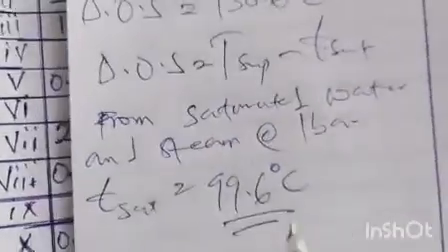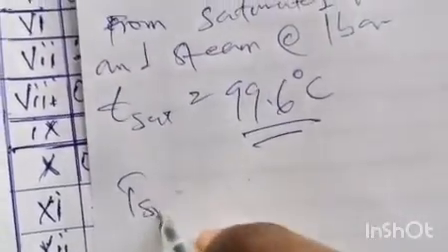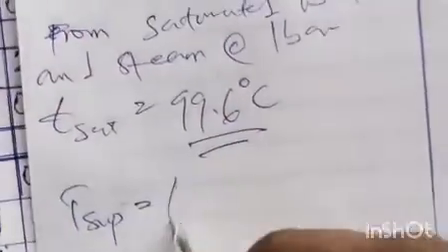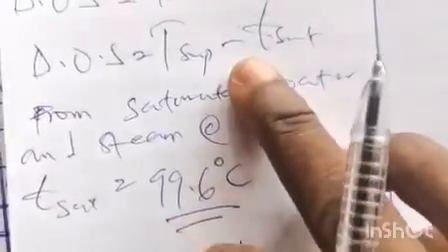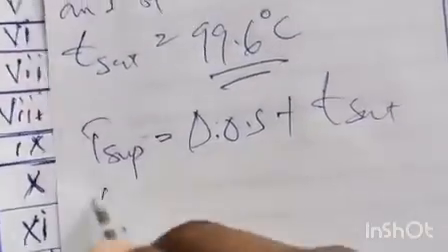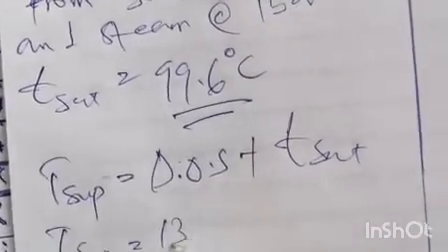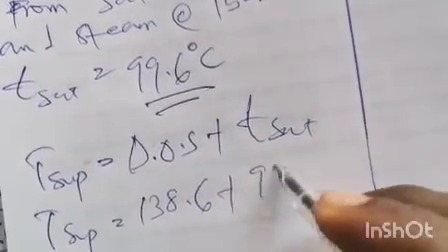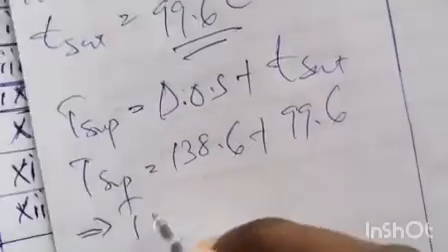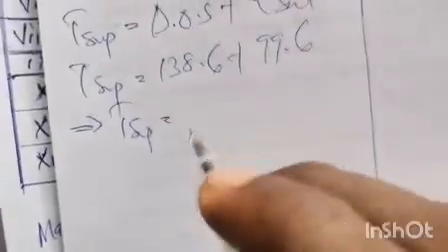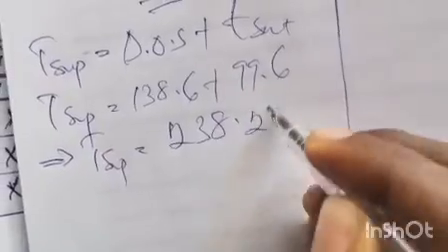Next, let's obtain superheated temperature. If we make superheated temperature the subject, T superheat becomes degree of superheat plus saturation temperature, since the negative sign crosses over and becomes positive. So superheated temperature is 138.6 plus 99.6, which is 238.2 degrees Celsius.